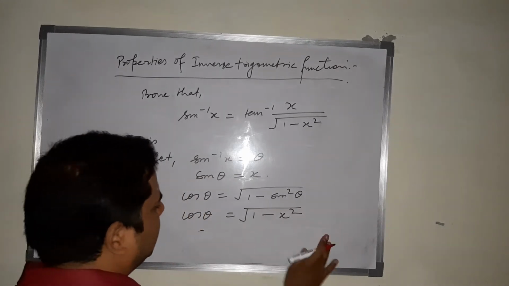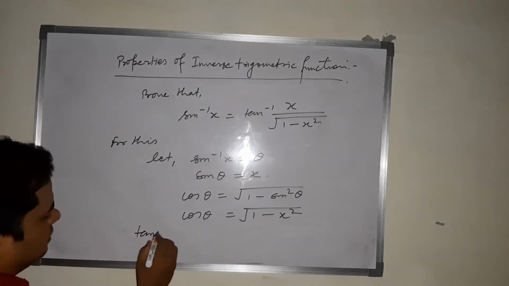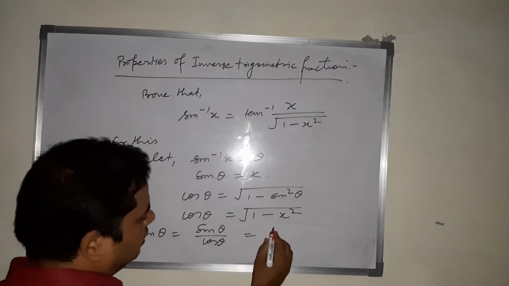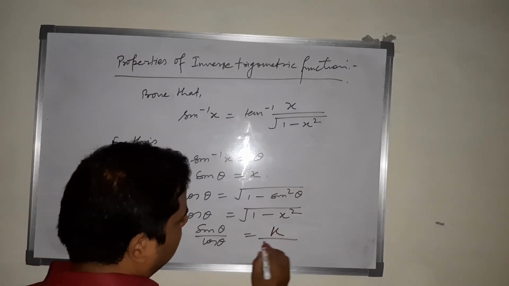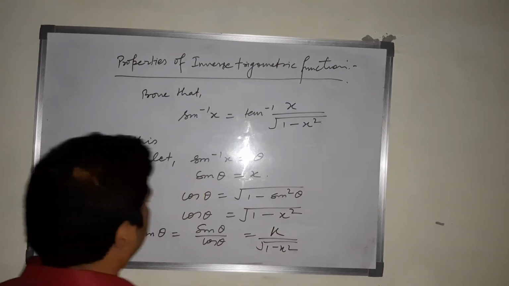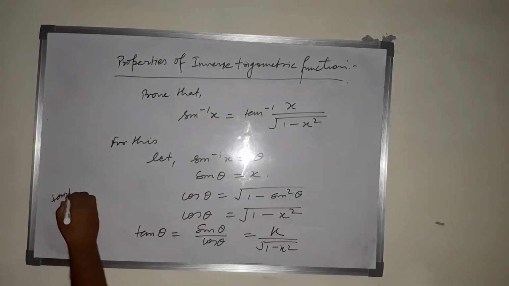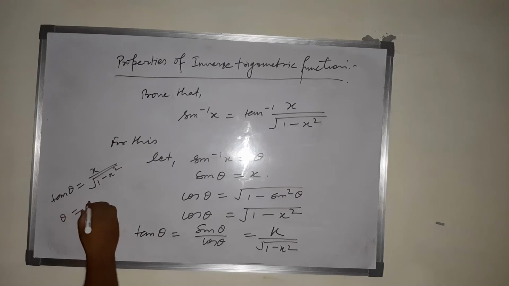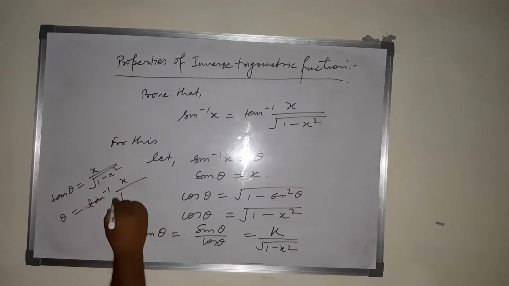Otherwise simply you can write tan theta. Now tan theta is equal to sin theta by cos theta. So tan theta is equal to x upon root of 1 minus x square. Since tan theta is equal to x upon root of 1 minus x square, theta is equal to tan inverse x upon root of 1 minus x square.